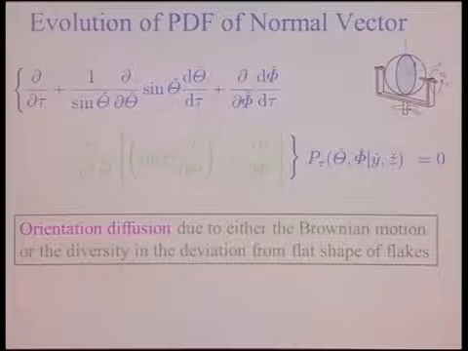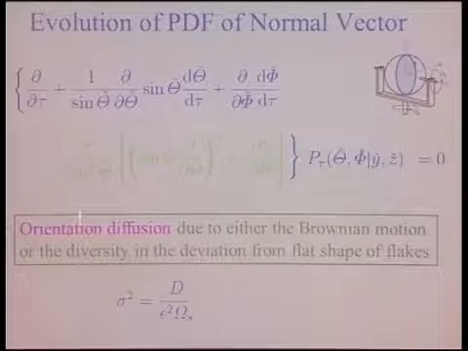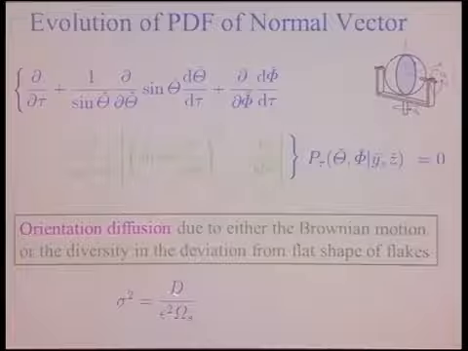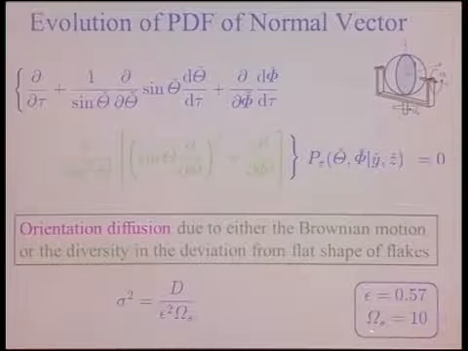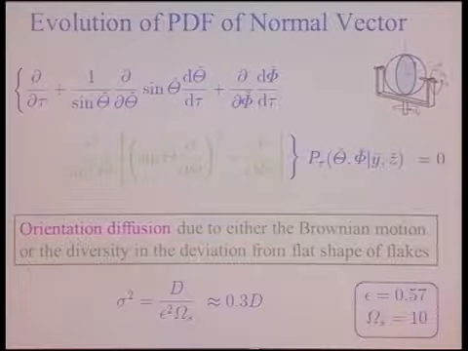Flakes are not necessarily flat, as I said. And this coefficient D is the diffusion coefficient, and in the present case, epsilon omega is like this. So this is about 0.3 D.